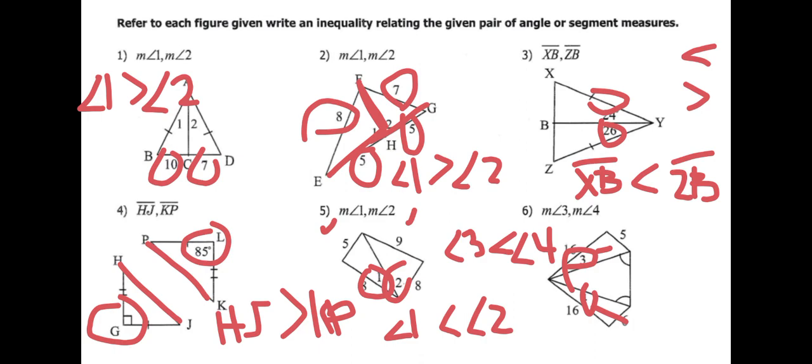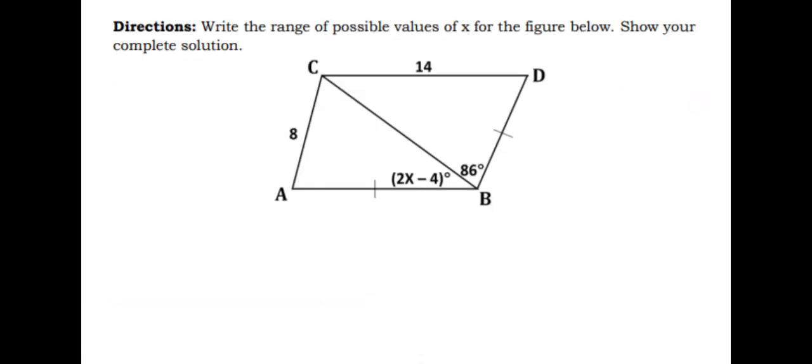Okay, so this will be your activity for today, your learning task of the day. Write the range of the possible values of x for the figure below. So this is similar to my first example. Okay, so you can see here the congruent parts. So this side and this side.